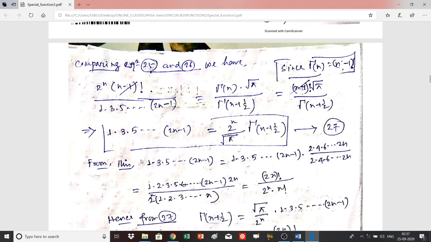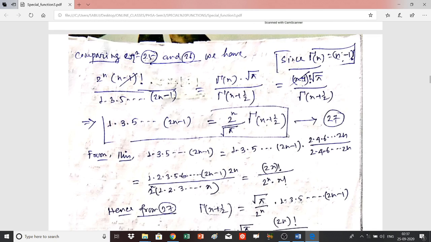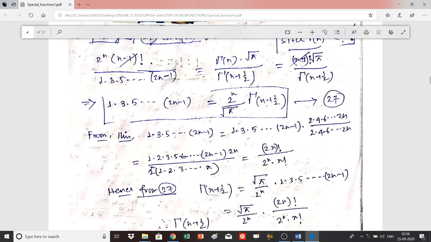Now I am writing some lines from this one, the expression 27. From this you can write the left hand side. First write the left hand side 1, 3, 5, in this way up to 2n minus 1. Then this is the extra term 2, 4, 6, in this way 2n, so in the denominator this term should be here.